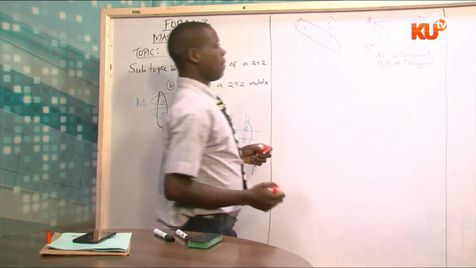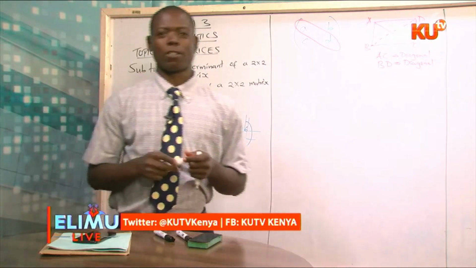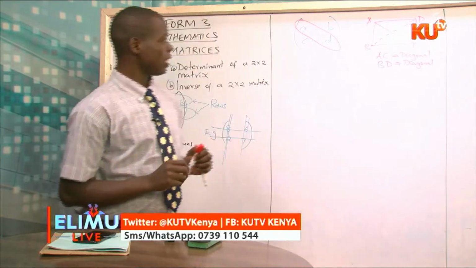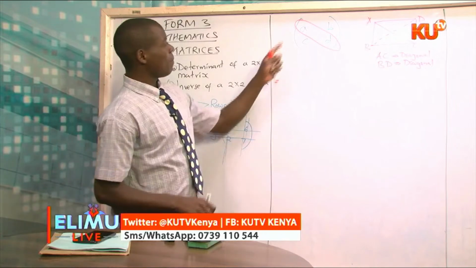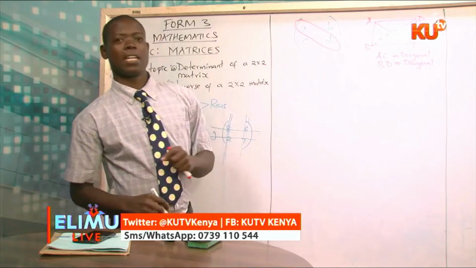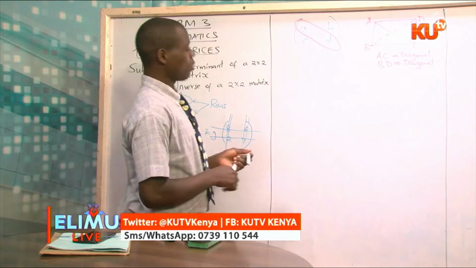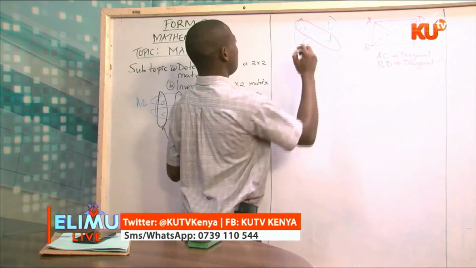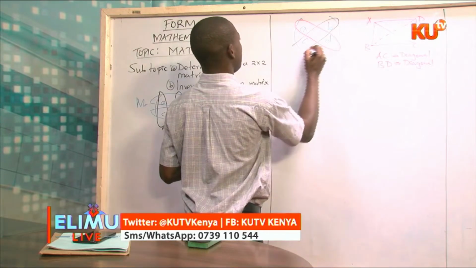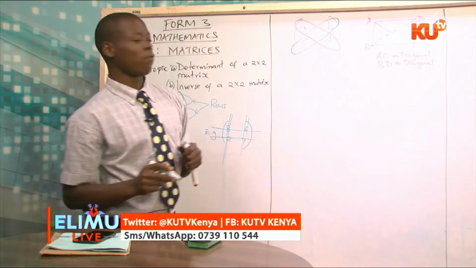That is in a quadrilateral. But for our case in matrices, the elements A and D are in the diagonal form. Equally, elements B and C are as well in the diagonal form.